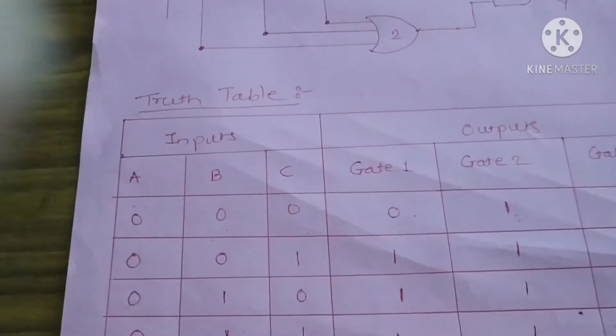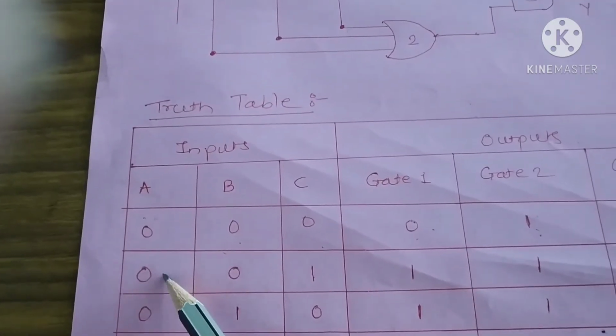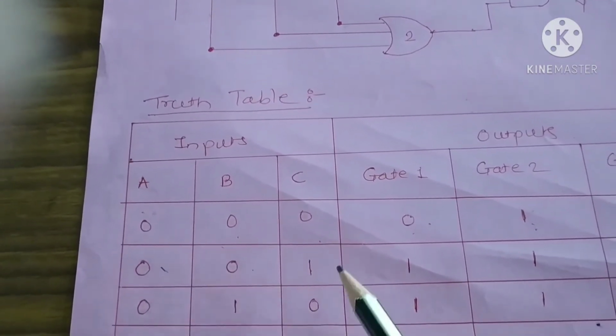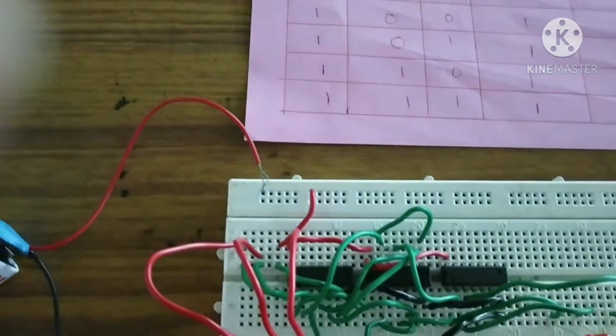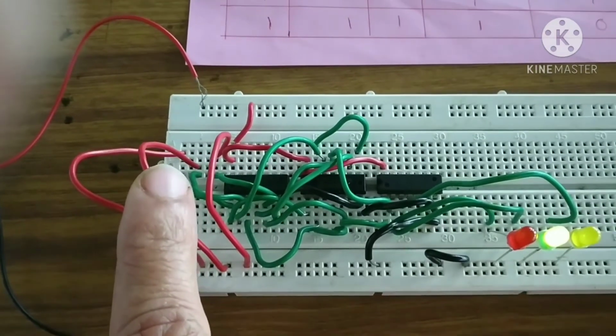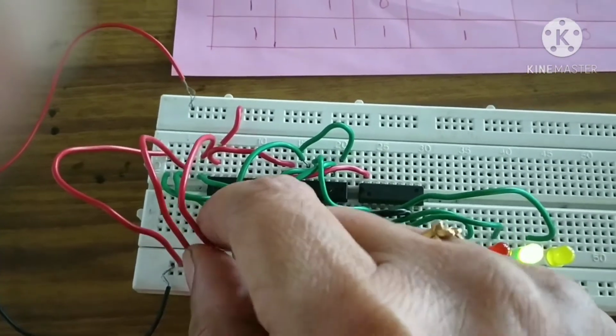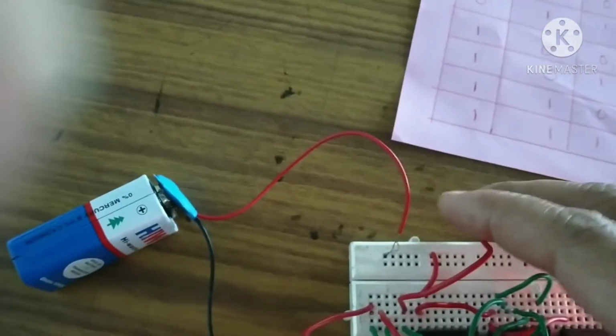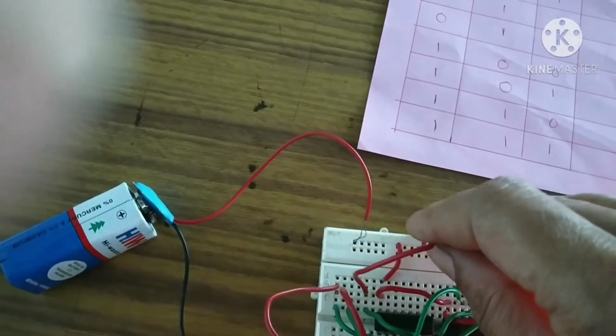Now next condition is A is 0, B is 0 and C is 1. So we have to just connect A to ground and B to ground, that means negative. Only C we have to connect to the positive of the battery.